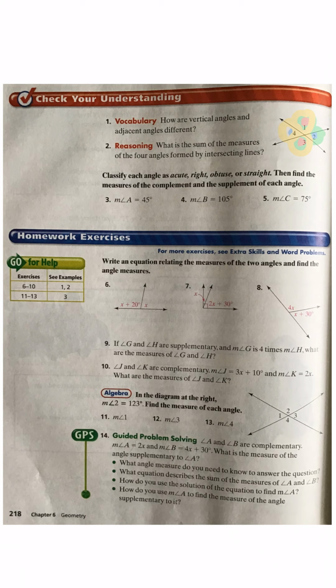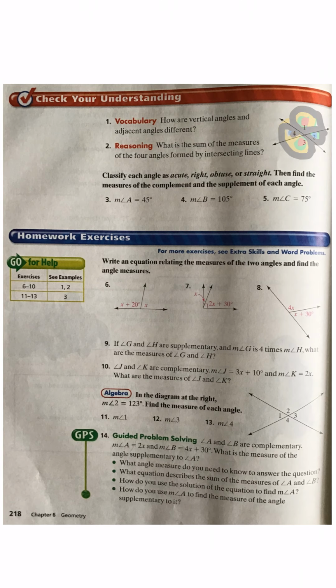Looking at number 2, what is the sum of the measures of the 4 angles formed by intersecting lines? Looking at all 4 of these, we know that these 2 angles together equal 180, and these 2 equal 180.